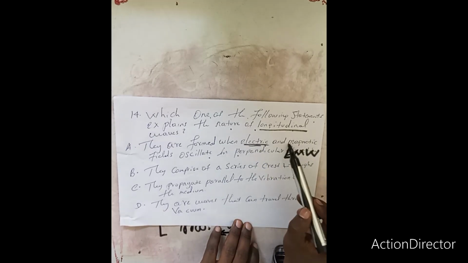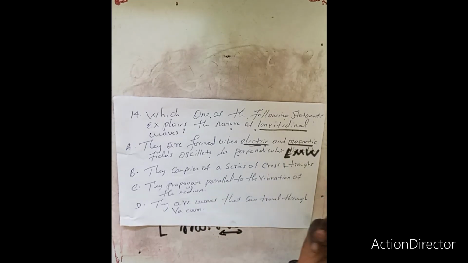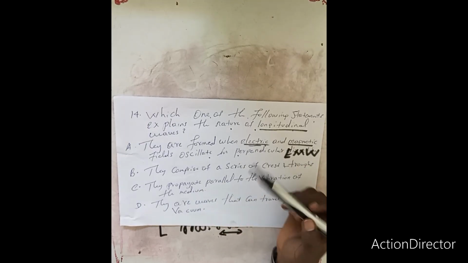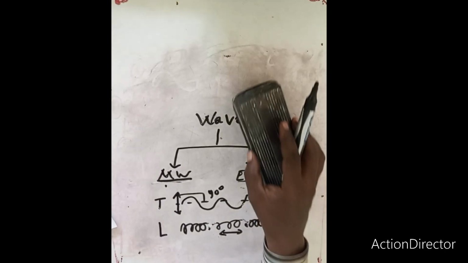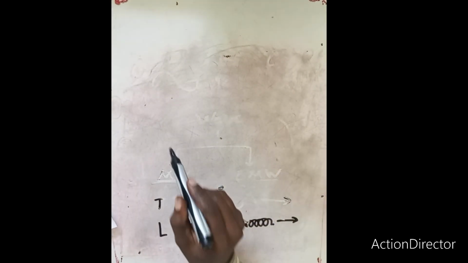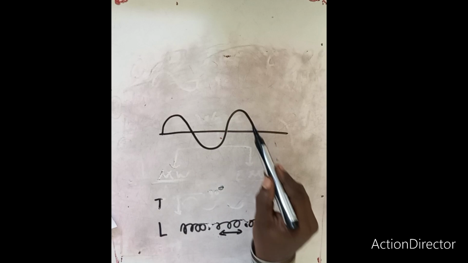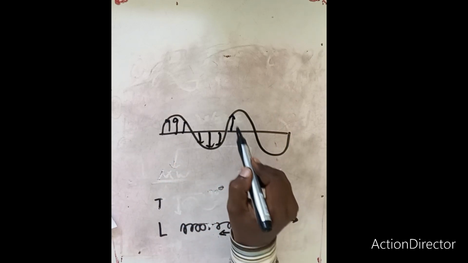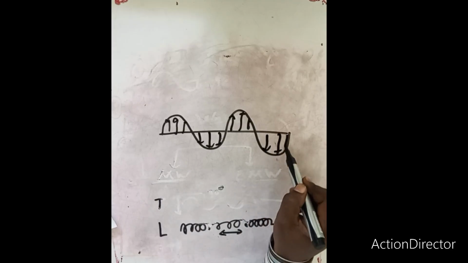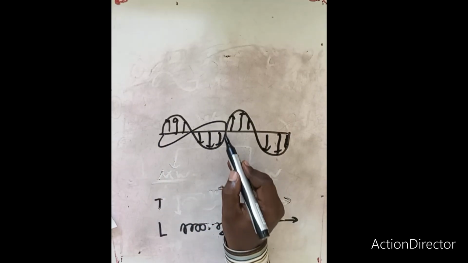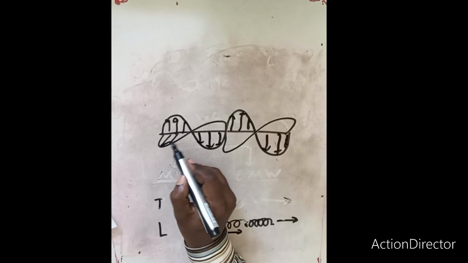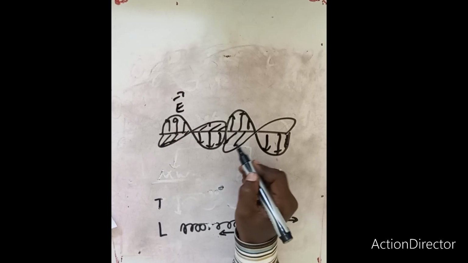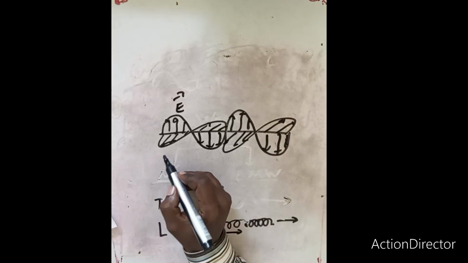When you see the electric and magnetic fields, that is for electromagnetic wave, where electric field and magnetic field oscillate perpendicular to each other. This is the direction of the electric field, and this is the direction of the magnetic field.